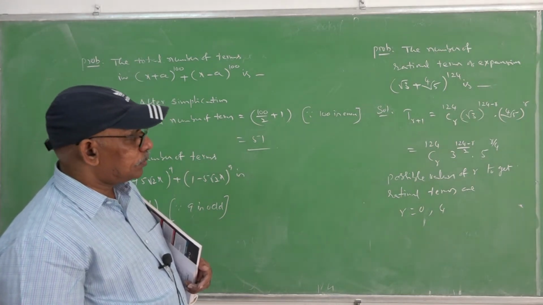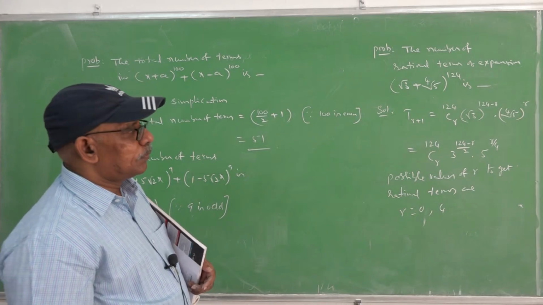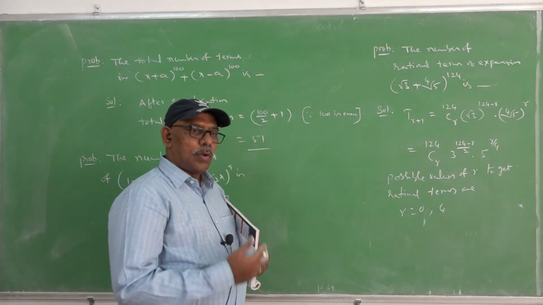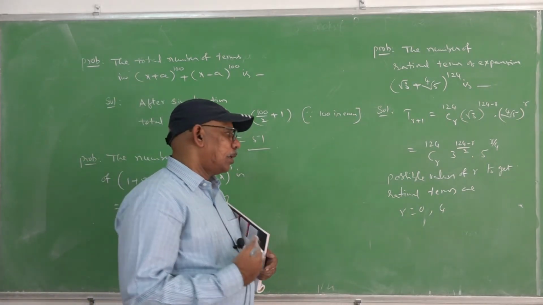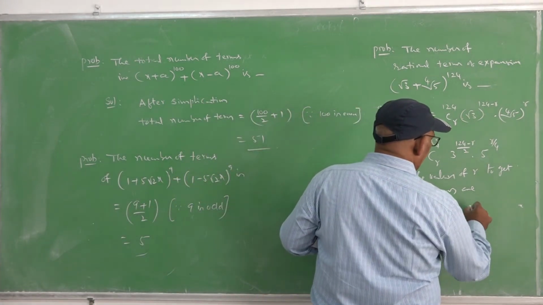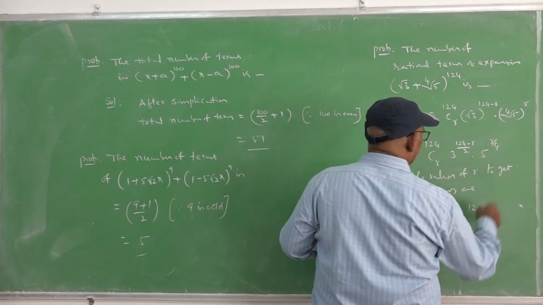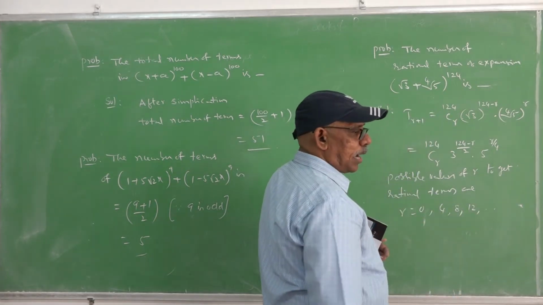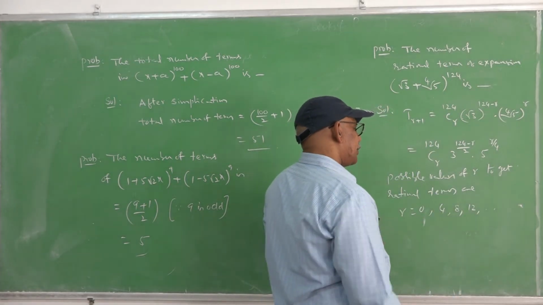For r equal to 8, 12, for all integral multiples of 4, until 124 you can take the values.